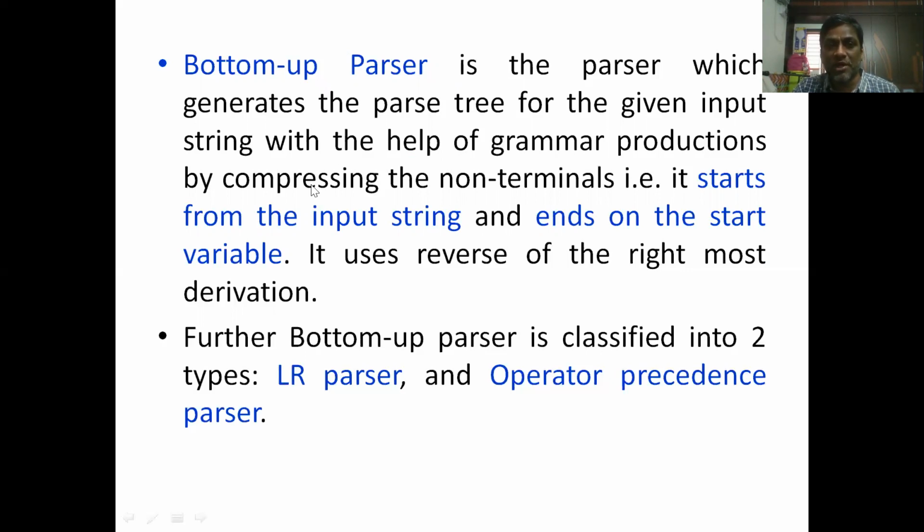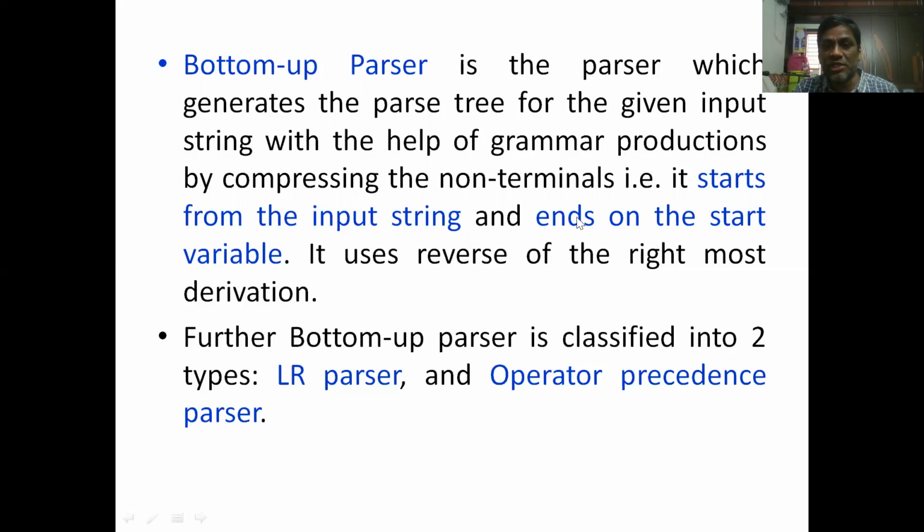But in a bottom-up parser, we consider the input string, and then we try to generate the first variable of the grammar. It is reverse to the top-down parser. So we start with the given input string, and we try to produce the first variable or start variable of the grammar.